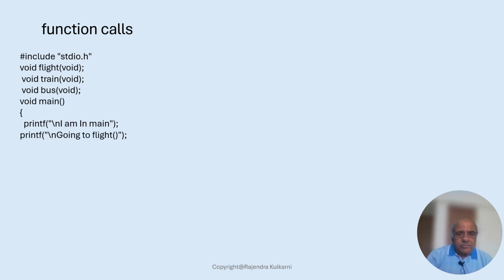Then there is a main function, void main, a simple printf statement, I am in main, then another printf statement, going to flight, and then there is a function call to the function named flight. After the function call, a statement again, printf back to main.